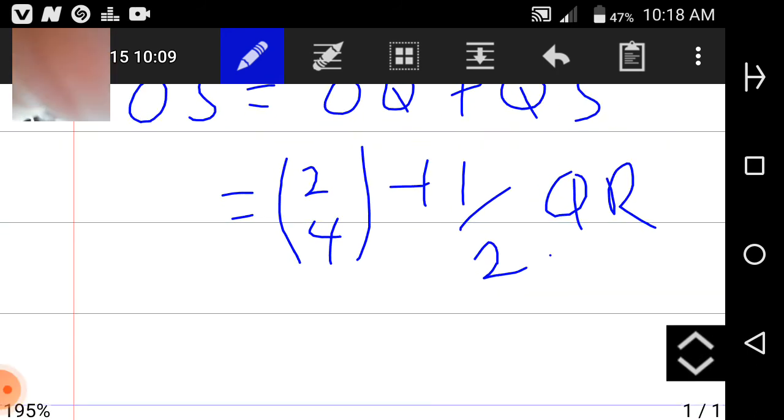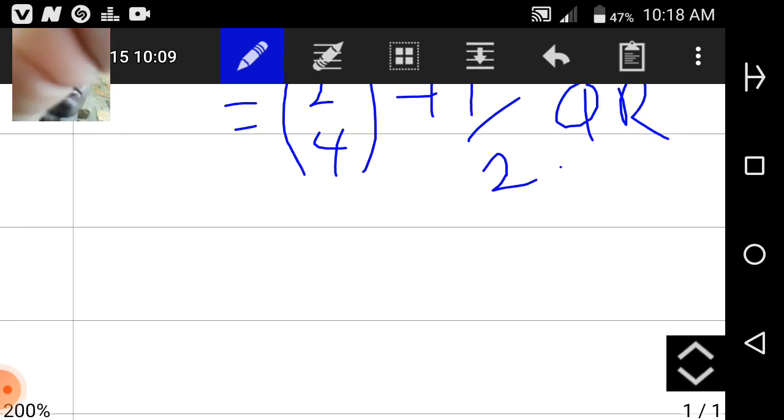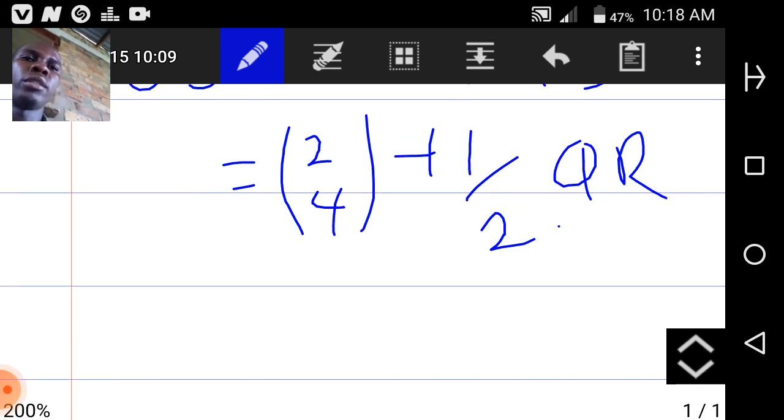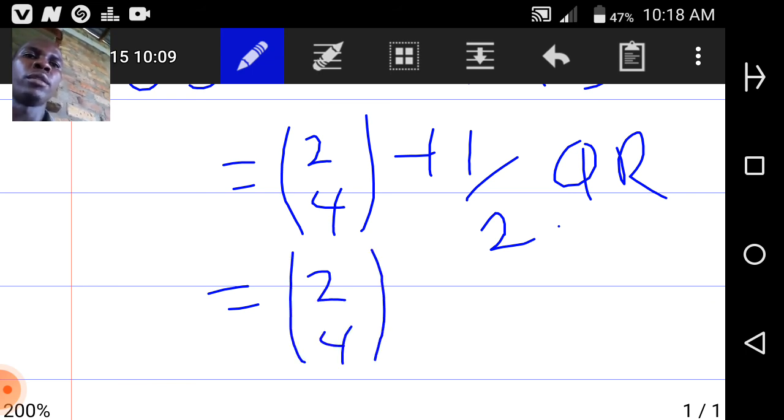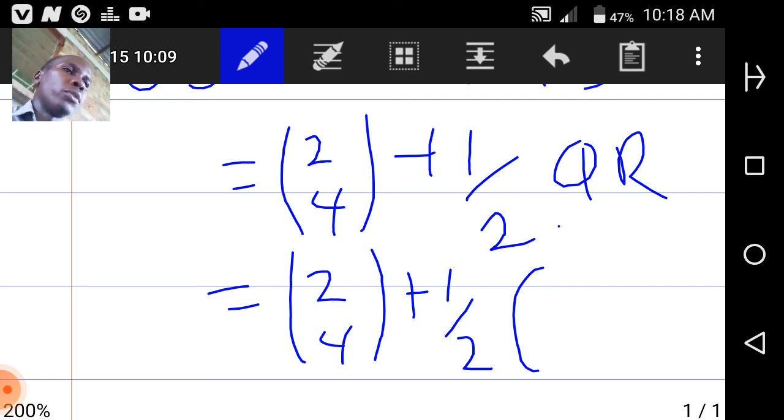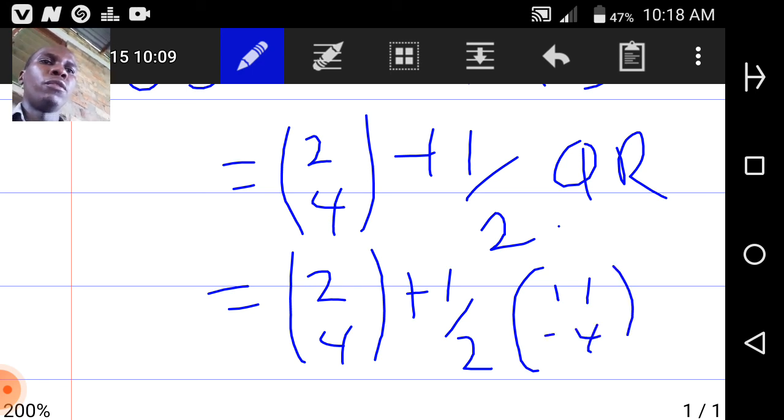So for that case, I will now solve. I have my QR, which I got earlier, so it is going to be (2, 4) plus a half of QR, and QR we got as (11, -4).